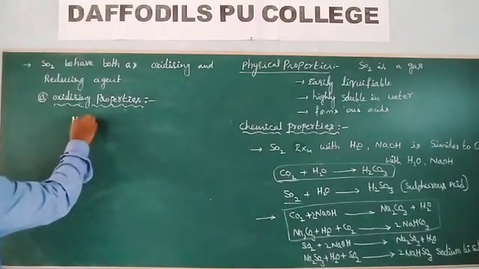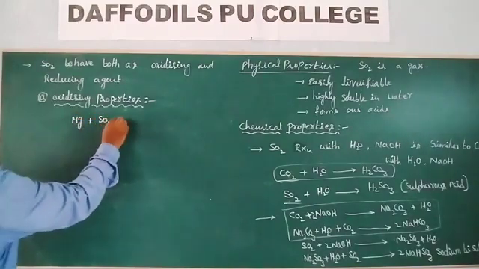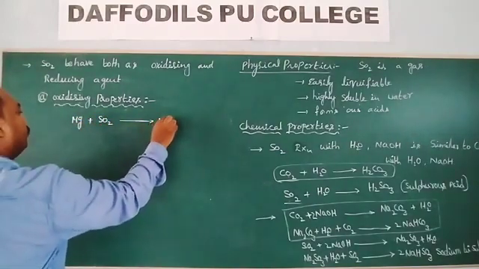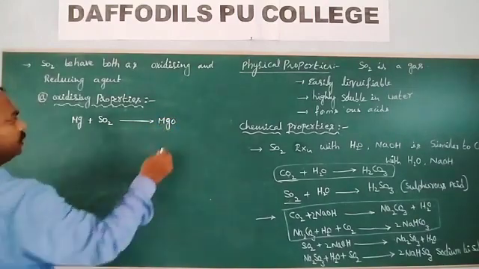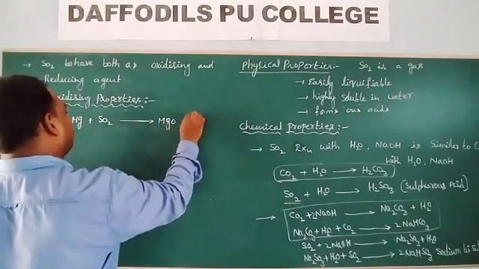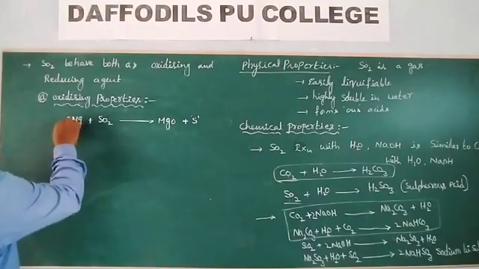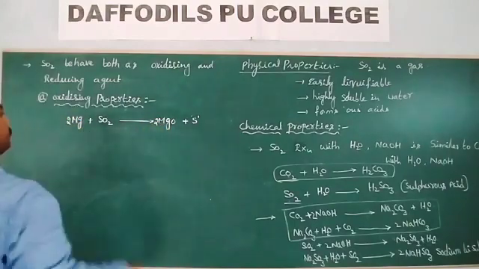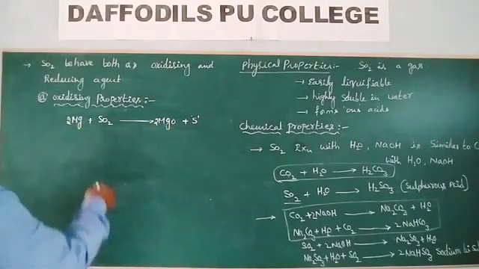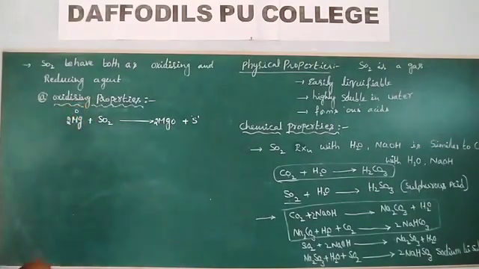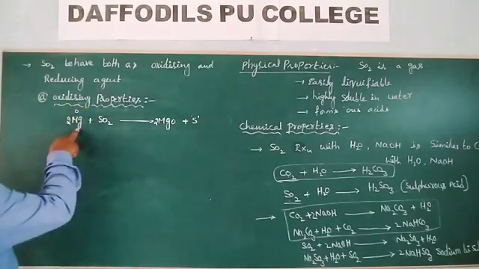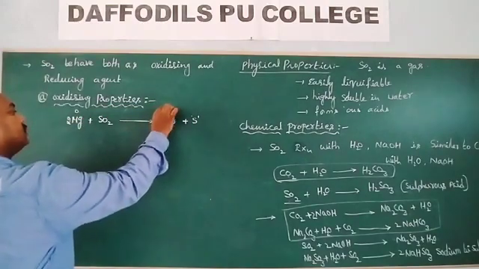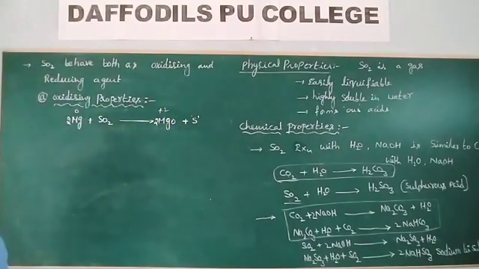When sulfur dioxide reacts with magnesium metal, you will get magnesium oxide and sulfur. Look at the oxidation state of magnesium here, 0. Here the magnesium oxidation state is +2.